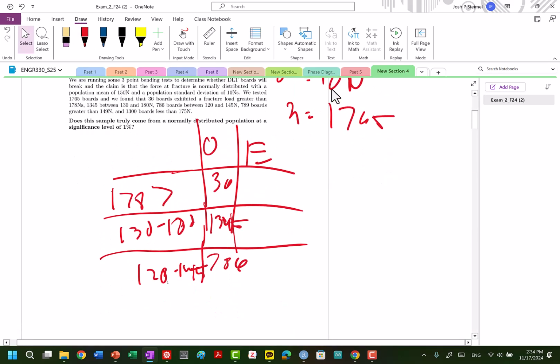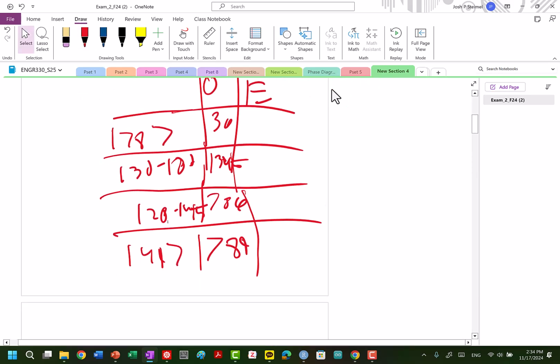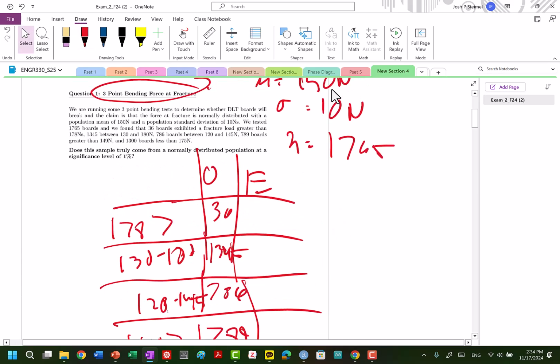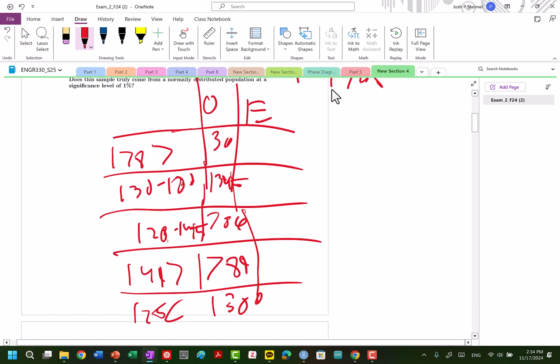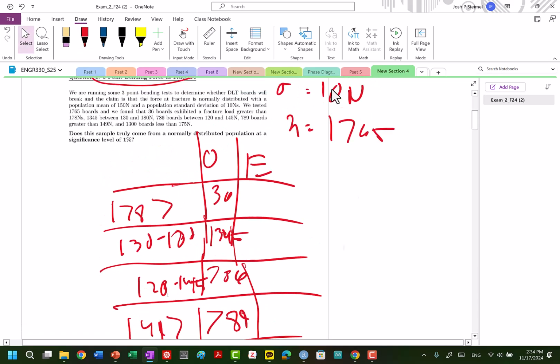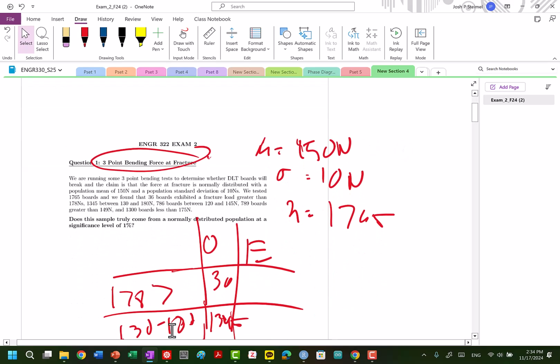Let's scroll down. 789 are going to be greater than 149, and then 1300 boards less than 175. All right, so is this basically, does the sample come from a normally distributed population with a significance of 1%?